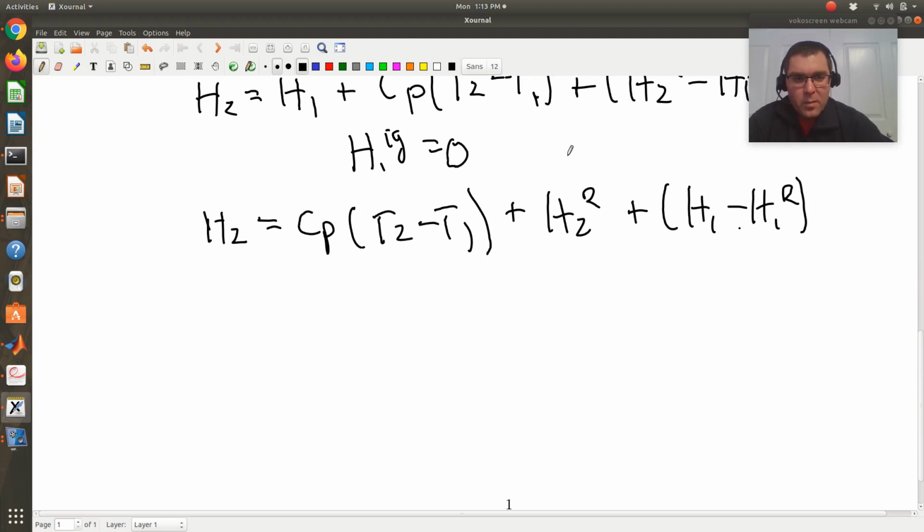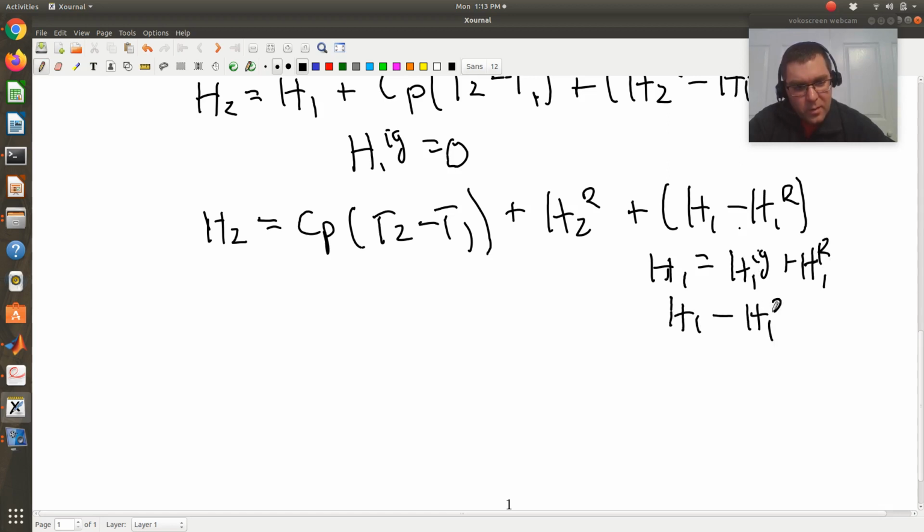Well, remember that H1 is equal to the ideal gas contribution plus the residual contribution. Therefore, H1 minus H1R is equal to H1 ideal gas, which we're defining as our 0. So this term would just be 0 when we adopt this reference state.